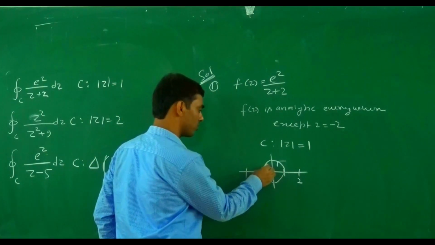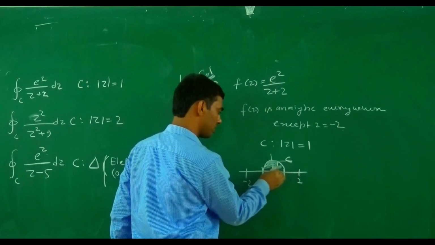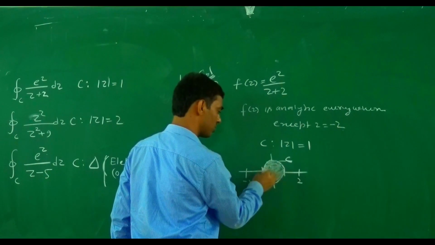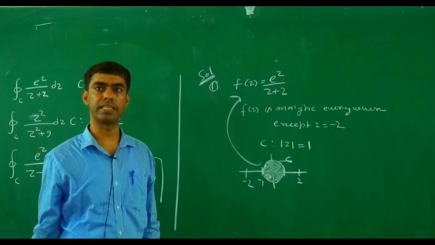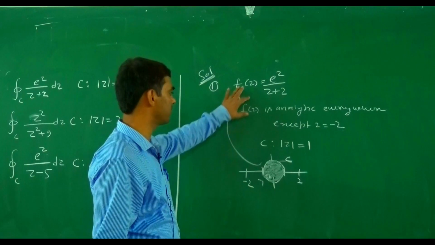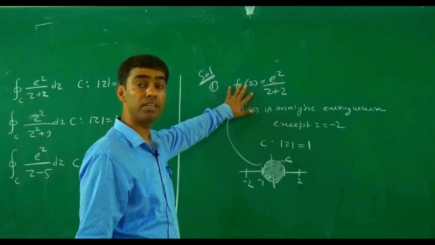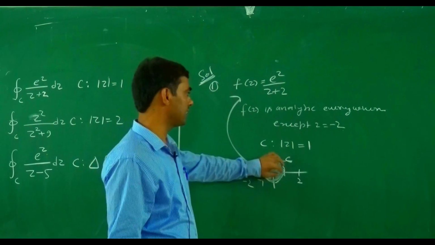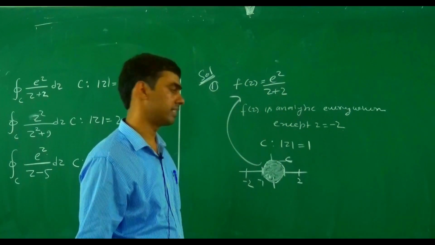So inside this closed curve C, the function f(z) is analytic, and f dash z also exists, because only at z equal to minus 2 does f dash z not exist.